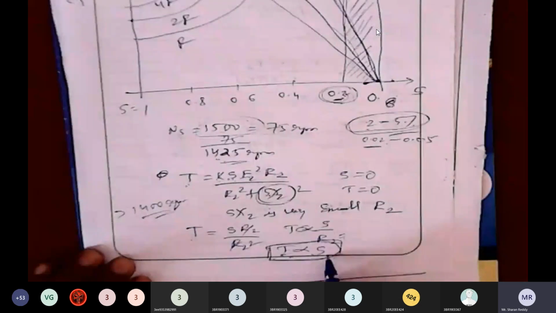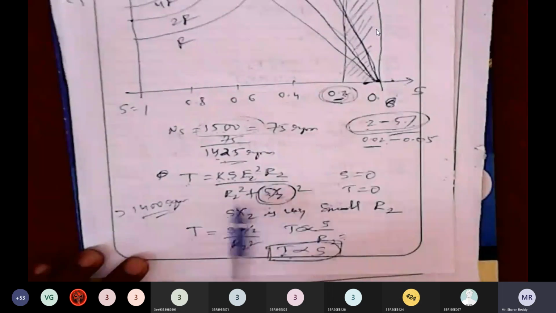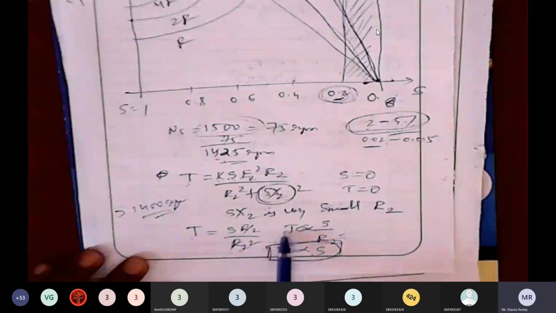From this relation, K is constant, E2 is constant, s X2 is neglected compared to R2. So what is remaining is R2 by R2 square, and R2 cancels, leaving one R2. So torque is directly proportional to slip for a fixed value of R2. That gives the torque-slip characteristic as a straight line up to maximum torque.